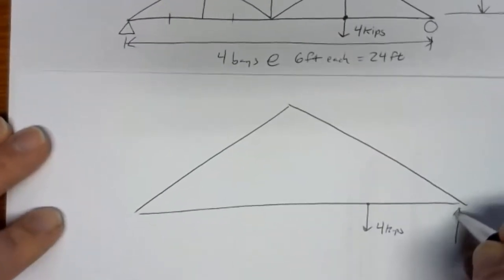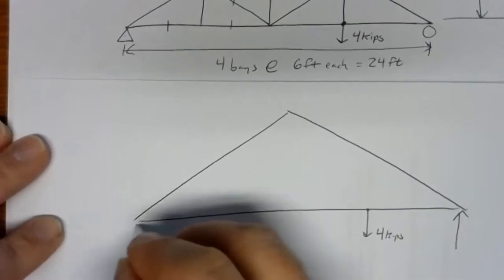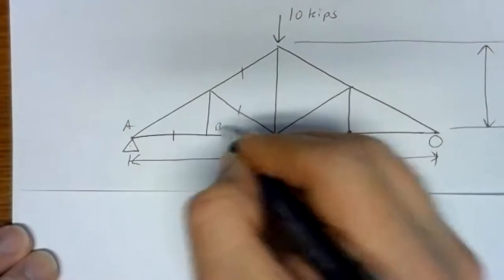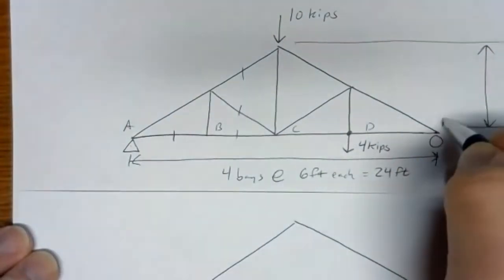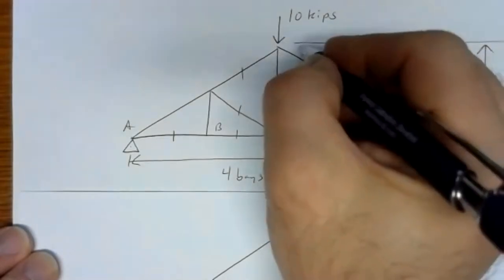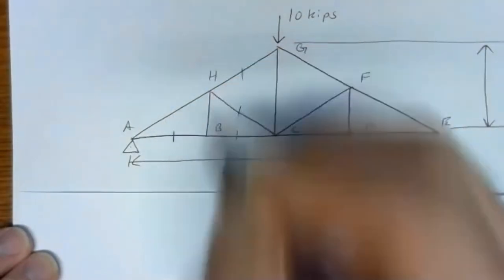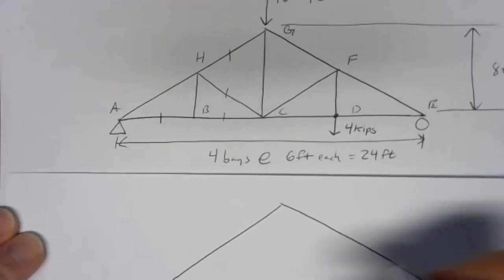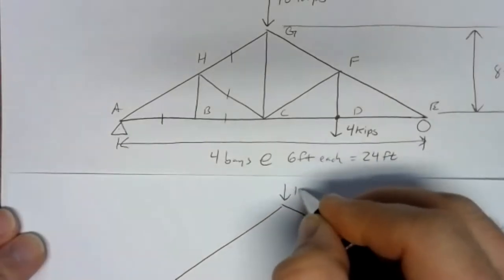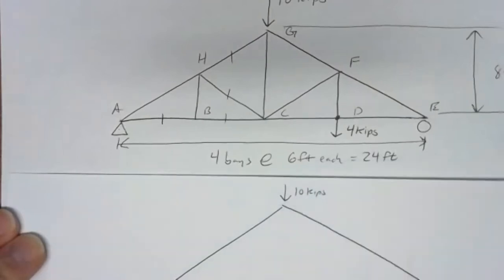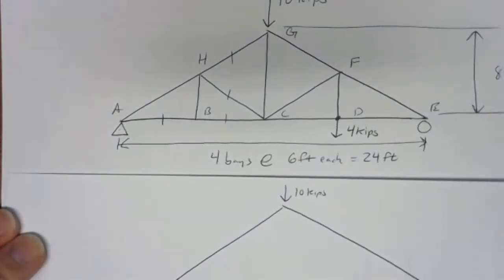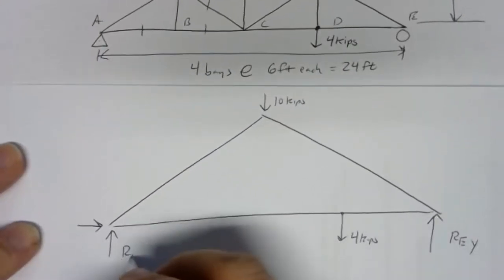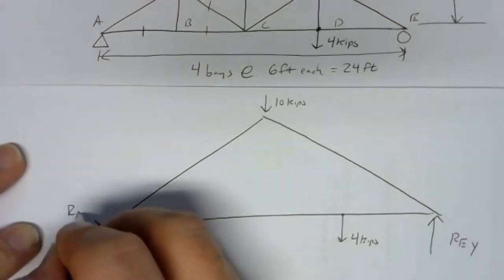We've got support force there and here, and I can label these A, B, C, D, E, F, G, and H. So there we've got our members labeled. We've got a 10 kip force right at the top. We'll call this our REY. Call that RAY and RAX.